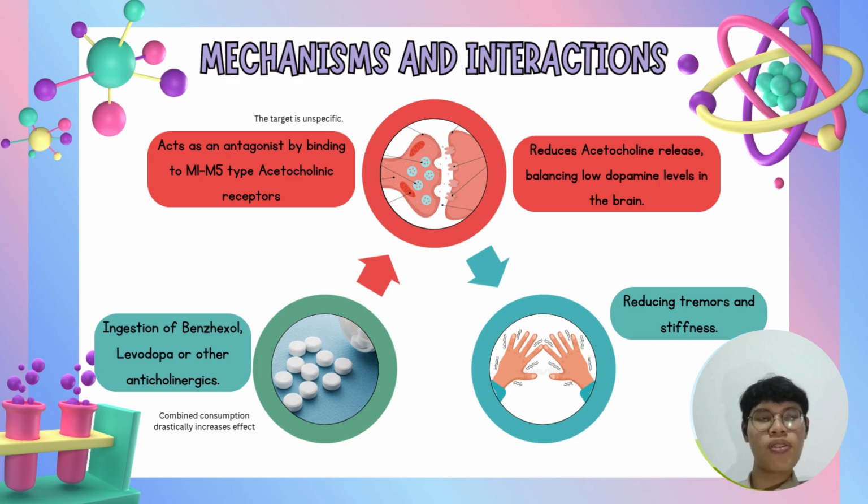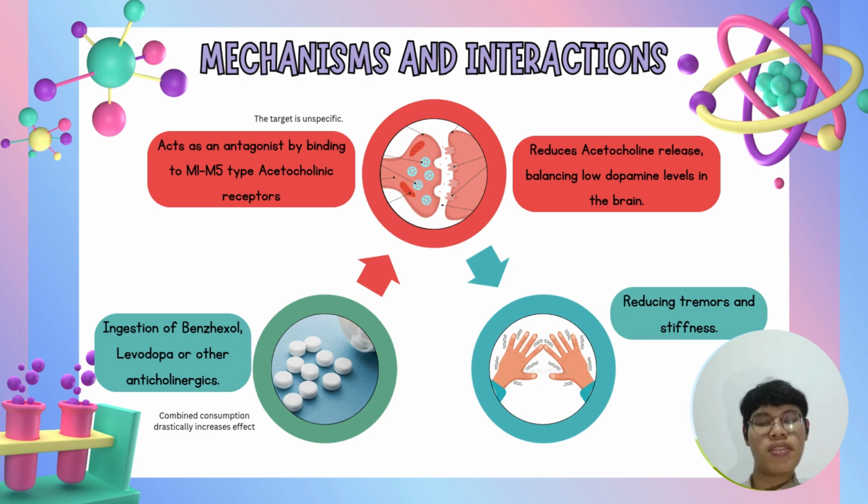The use of Benzhexol is an unspecific targeting of receptors. So when combined with other anticholinergics, it can cause the side effects of eye drowsiness, urinary retention, and constipation to become more prominent. However, these are considered minor side effects. This is because of its unspecific nature.